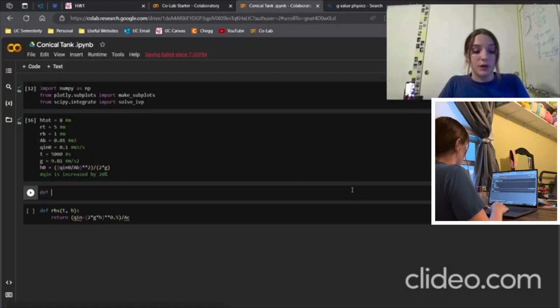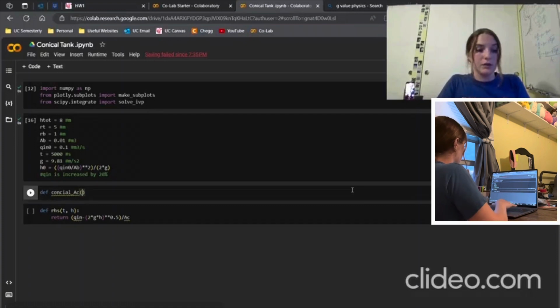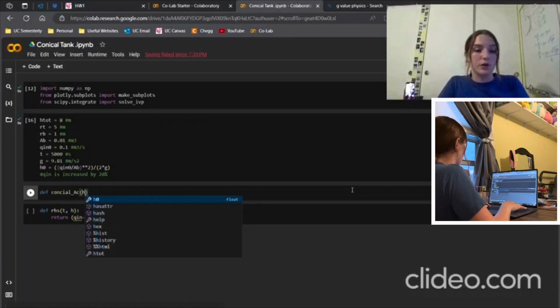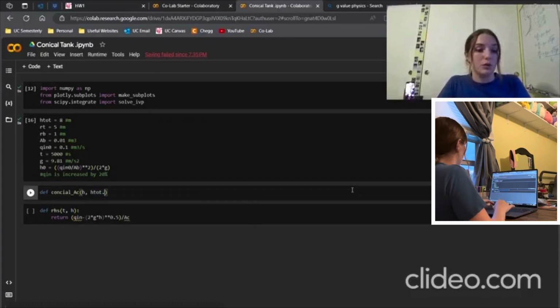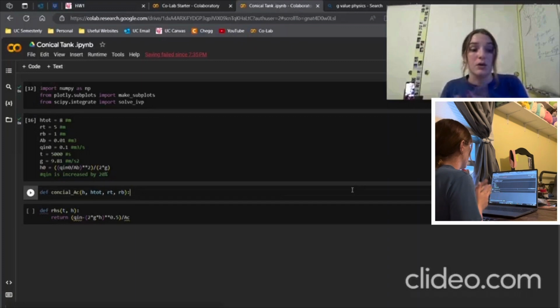So to define our conical A_C, we need to have our H, and then our H total, our radius at the top, and our radius at the bottom. Our H total, R at the top, and R at the bottom were all given to us, so now we need to find the actual value of our A_C.